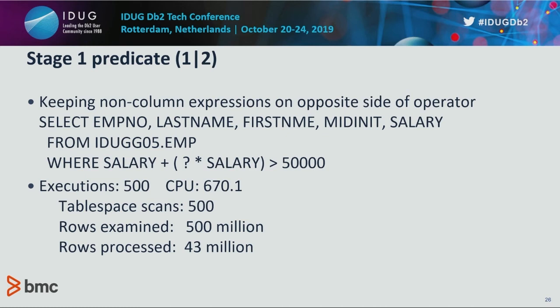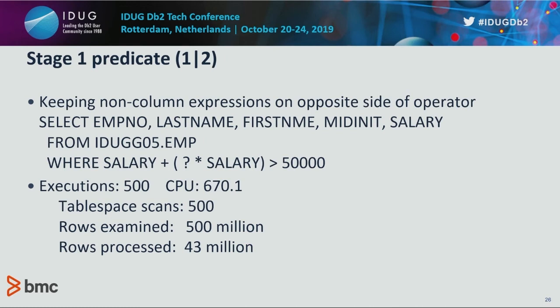The way the query is structured, every time a row is retrieved, we have to do this calculation to perform our filtering of the row. That means we're going past stage 1 into stage 2 processing. For 500 executions, it was 11 minutes of CPU. We are doing the scan here, with rows examined 500 million, and rows processed 43 million.